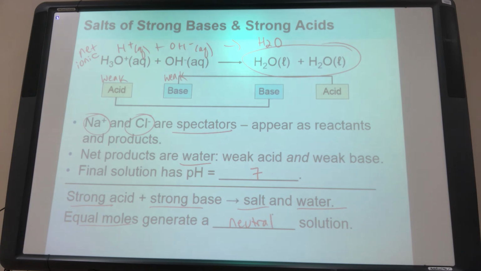Now, if it's not equal amounts, then it's close to neutral. But I don't want you to worry about whether it's equal or not. Just know that if it's equal amounts, then it's going to be neutral, and that's all you need to know for now. All right, so that's if it's a strong acid and a strong base. In the next video, we're going to do the base is strong, the acid is weak. So another option.